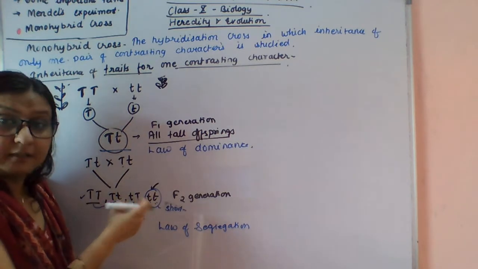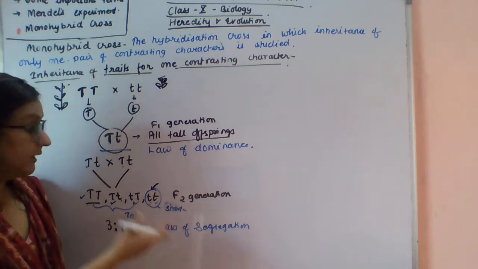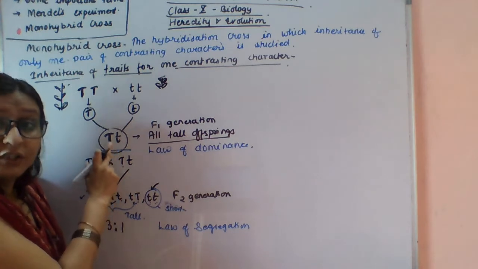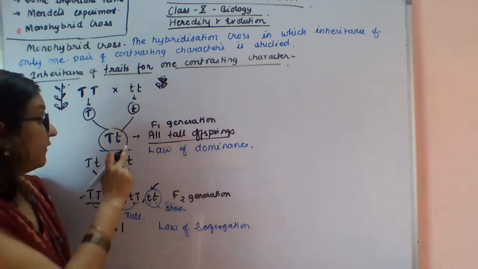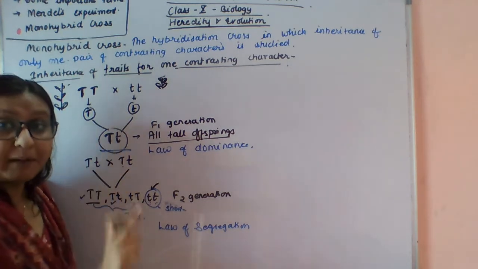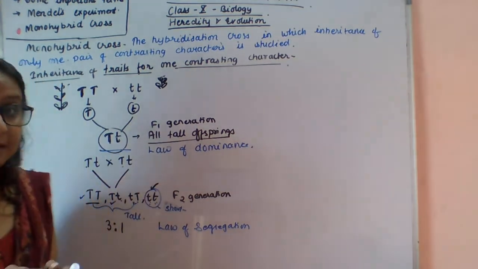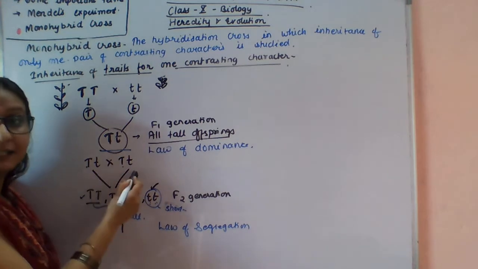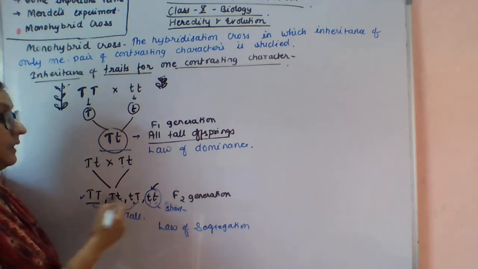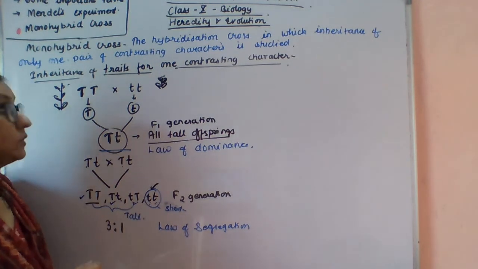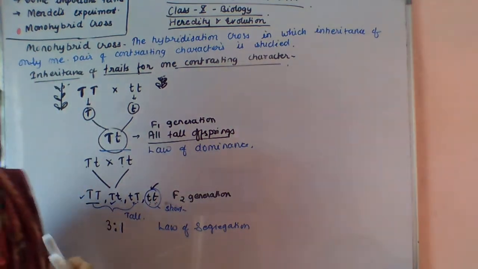Here the dwarfness gets segregated because in their genotype they already have the genes for the small character, but it can't show its character. But in the second generation, it gets self-pollinated again and can get segregated. So this is all about the monohybrid cross.